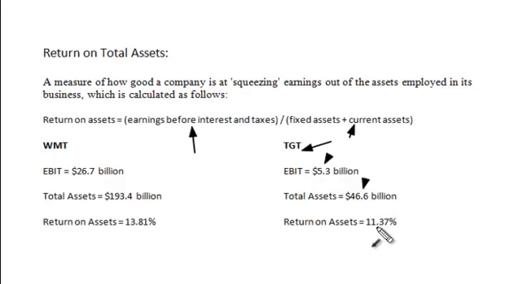You can see, comparing Walmart's 13.8% return on assets to Target's 11.3%, that Walmart is actually more efficient than Target here, and that is another excellent point to look at. Also, when we looked at earlier, we saw that Walmart had a 14.2 a couple of years ago of return on total assets, and then it had a 14.22 last year, and then the most recent reported period we saw a 13.81.